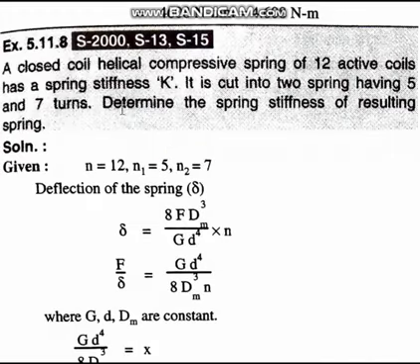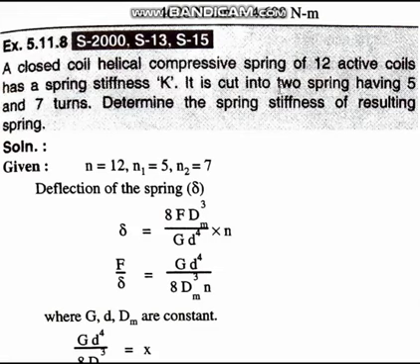Let us see some other problem. This also is asked 3 times in the exam. A closed coil helical compression spring of 12 active turns has a spring stiffness of K. The K value is not given, so it is given as K, and whatever we are getting will be in terms of K only.